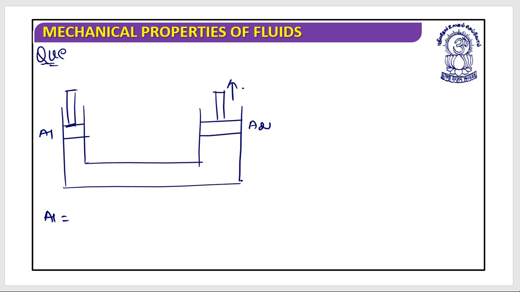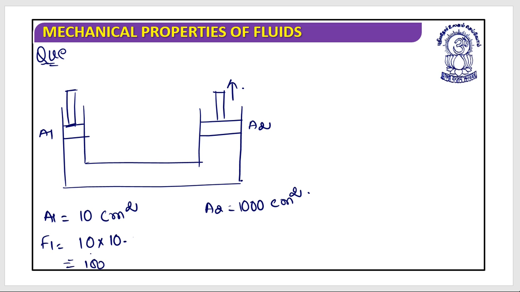Let's suppose A1 is 10 centimeter square and A2 is 1000 centimeter square. The force applied here is a 10 kg object, so it's basically mg, which is equal to 100 newton. I want to find the force acting on this.